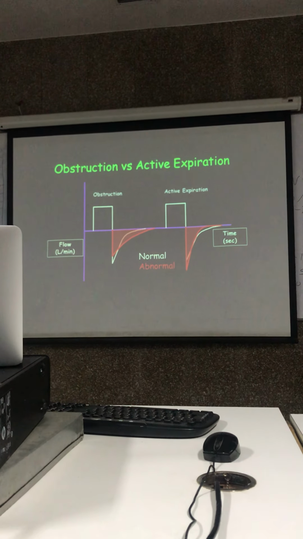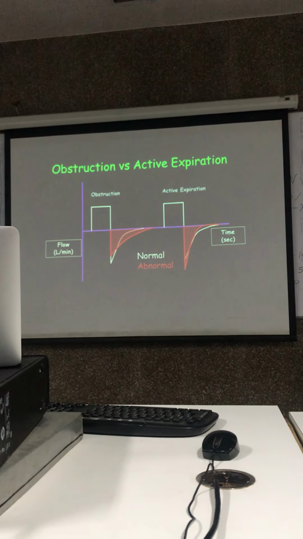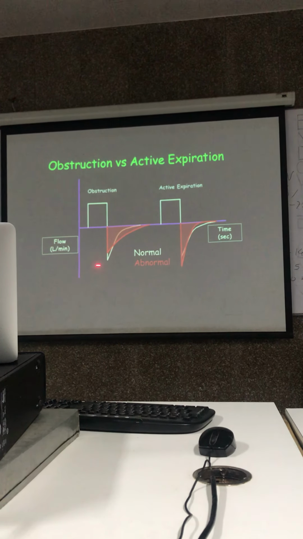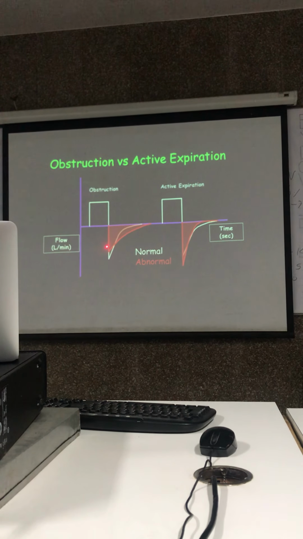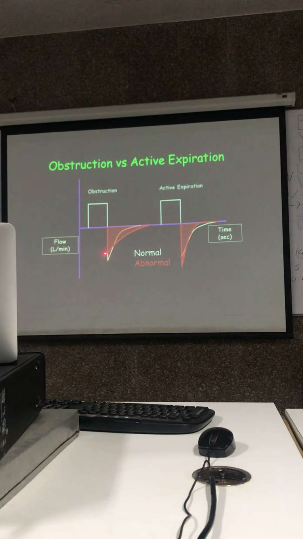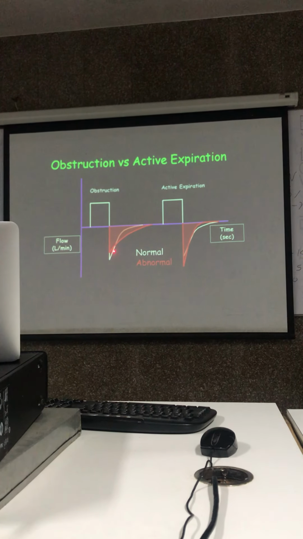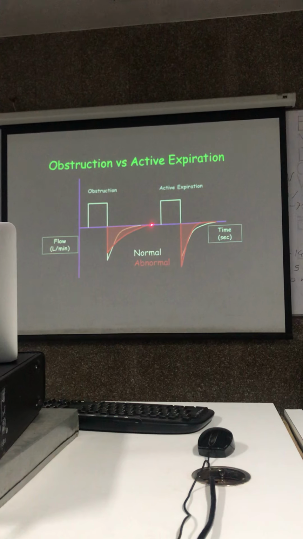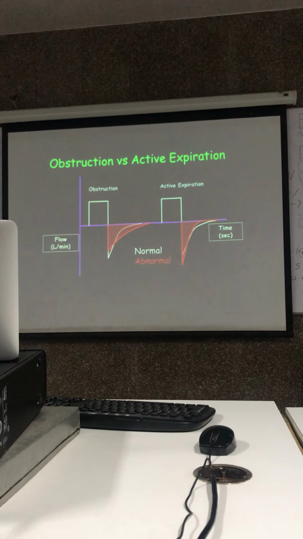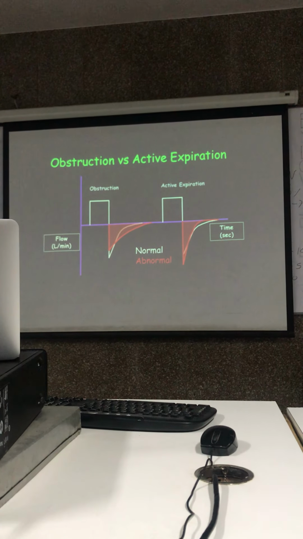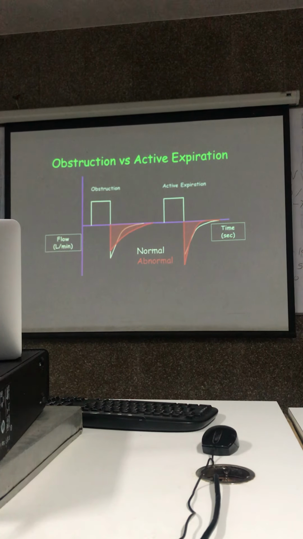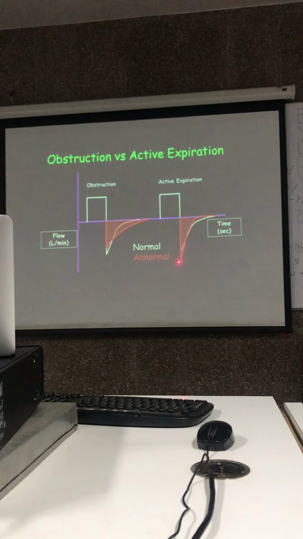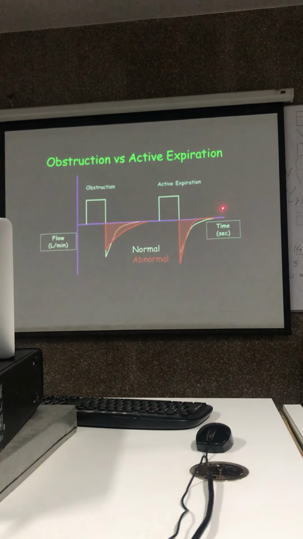Of course, there are clinical telltale signs that the patient has got obstruction, and you will see this pattern here. The peak expiratory flow is lower, and the time taken for patients to breathe out is longer. Now, if you are doing an active expiration, that means somebody is actively blowing against this, you will find that this takes a shorter duration of time.